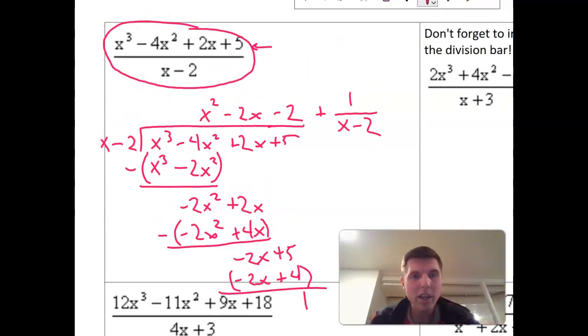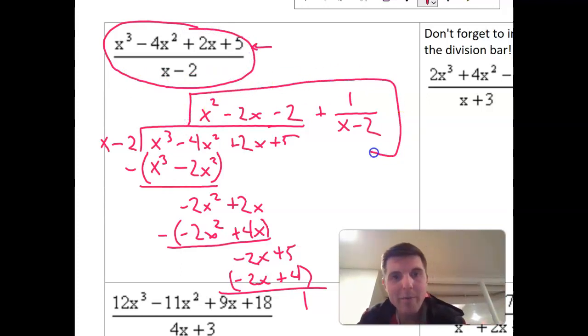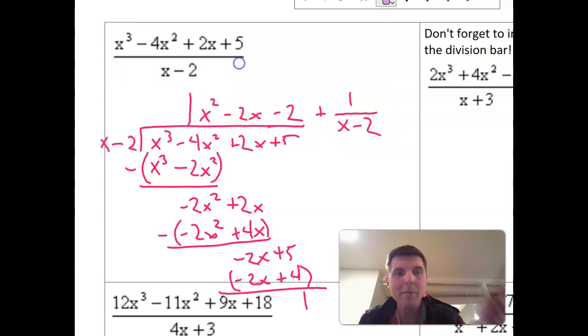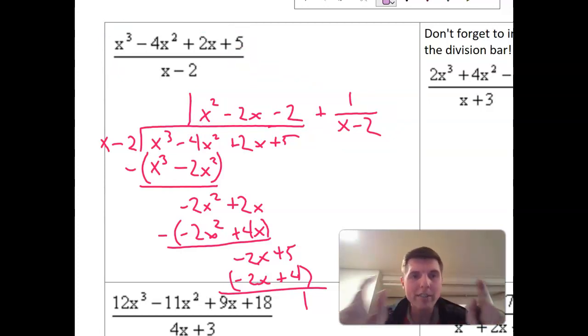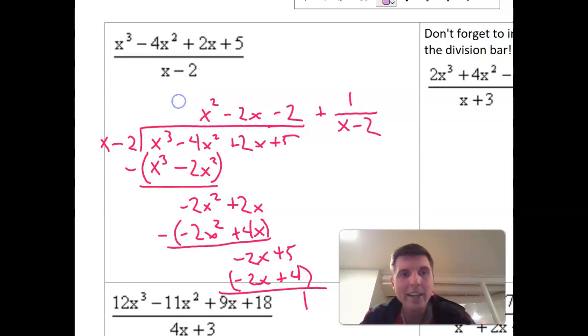You don't have the tools. But if I divide first and get to here, I can integrate each piece. So that's our goal, is to put this in a form that I can integrate. I apologize for not mentioning that at the beginning, but wanted to mention it here. The goal is to find some way to integrate. The only way in this case is through long division.